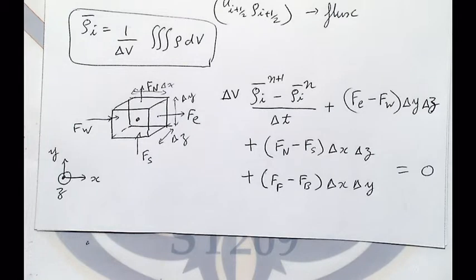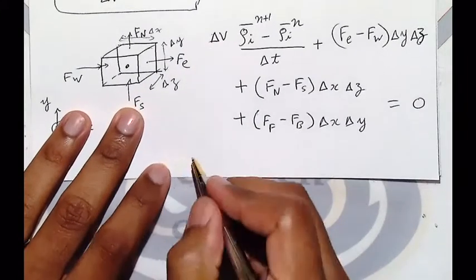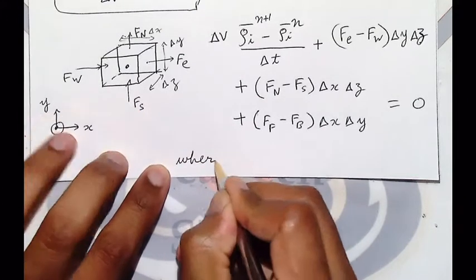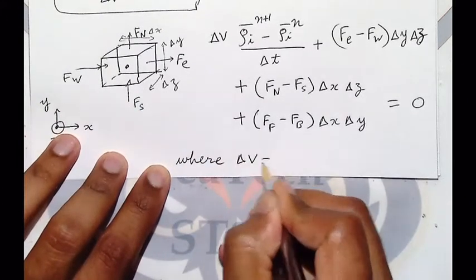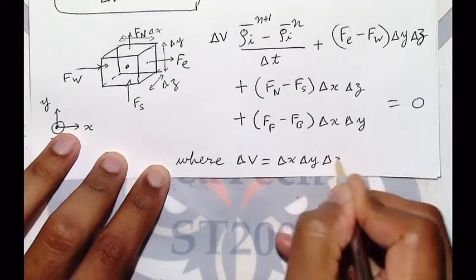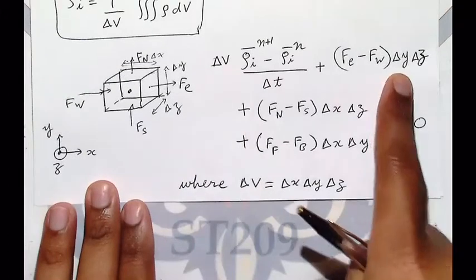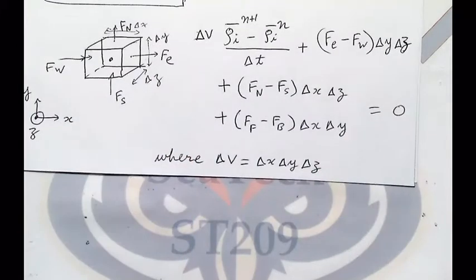Okay, now we can actually use, what is delta v? Delta x times delta y times delta z. Okay, and now you can see that when we divide throughout by delta v, we will have the same form as what we had here, but in 3D. It's very simple.